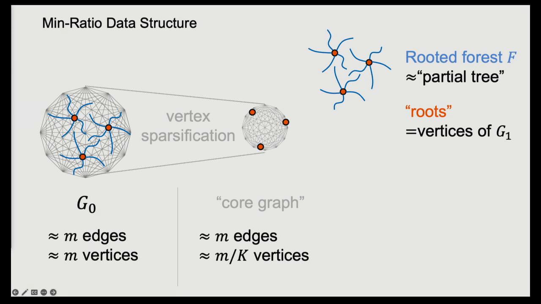And now we're going to find a forest here in this graph, and then we'll contract the components of that forest. I think of them as having roots, so it's just that everything else contracts into the root. And now I have a smaller graph with m over k vertices. Okay, so there's some size reduction factor here, basically saying that the number of connected components was m over k.